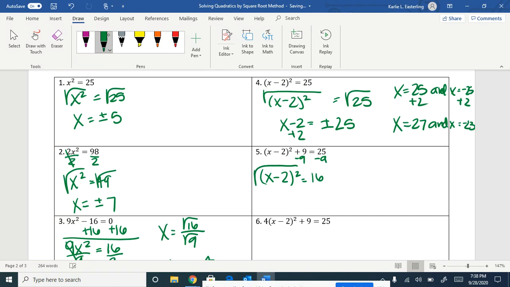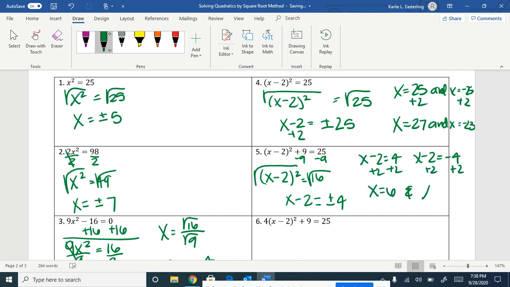Then you'll have the square root of both of those, so x minus 2 equals the square root of 16, which is plus or minus 4. So x minus 2 equals 4 and x minus 2 equals negative 4. Plus 2, plus 2, so x equals 6 and x equals negative 2.